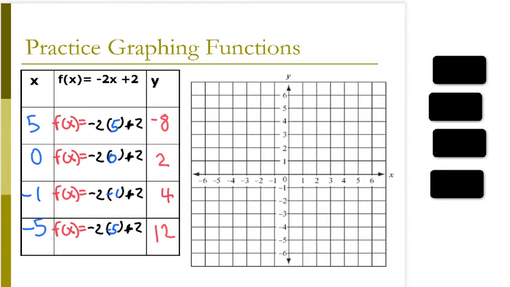So for 5, -8, x is +5 and y is -8 would be down here somewhere. We don't have enough room to graph that. It would actually go beyond the space that we have here. So we'll just graph the next point. 0, 2 would go here.